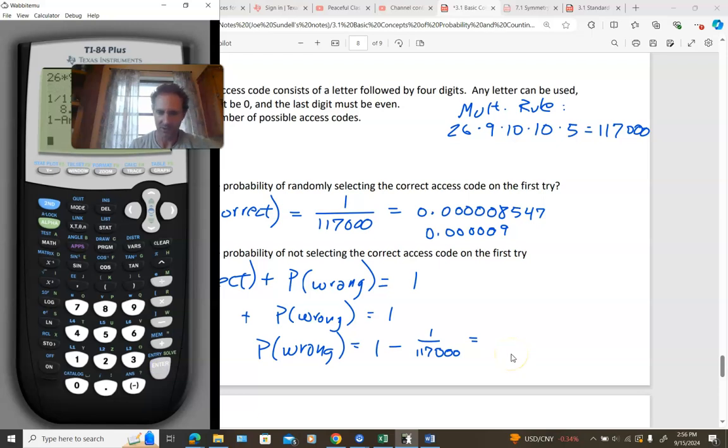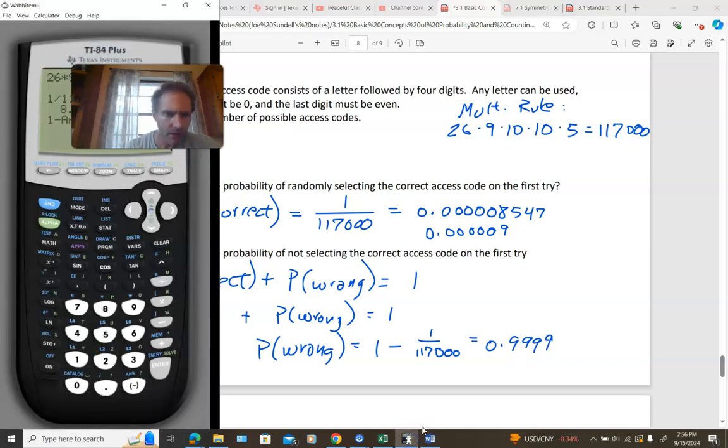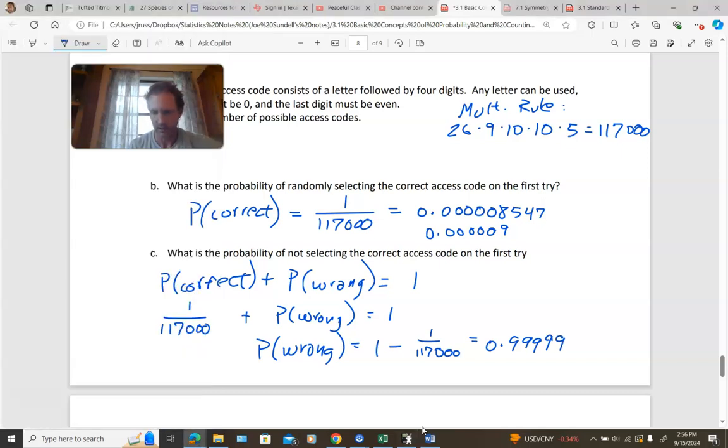All right, so let's look at this. 0 point, we've got a bunch of 9s, don't we? In fact, we've got 5 of them. And that's where I'm going to leave it. 3 decimal places would be something like this. And if you notice, this number is really close to 1.